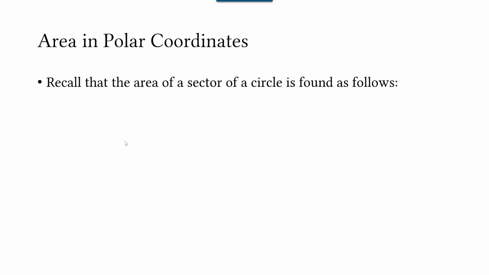In order to make progress finding area in polar coordinates, we need to recall how to find the area of a sector of a circle. So the shaded area here is the sector that we say is subtended by the angle theta. And the circle here has radius r. So we define the area of the sector just by what percentage of the total area of the circle it represents.